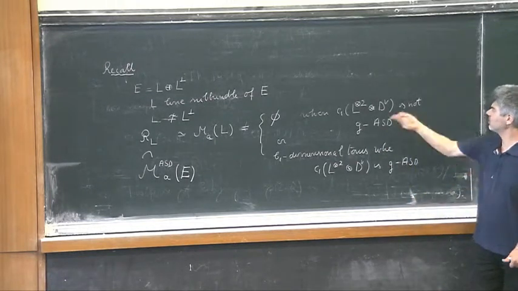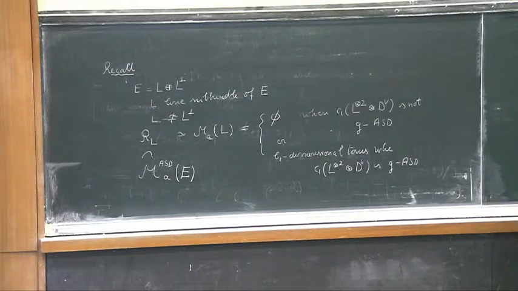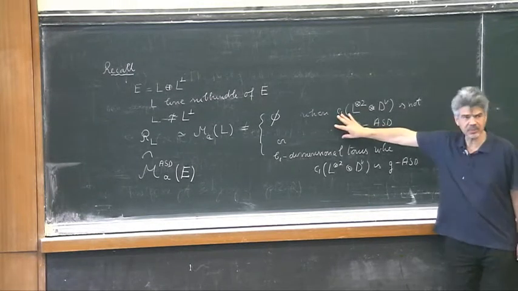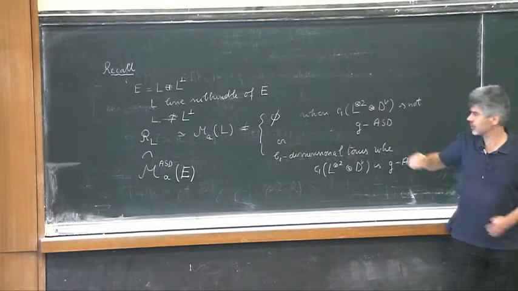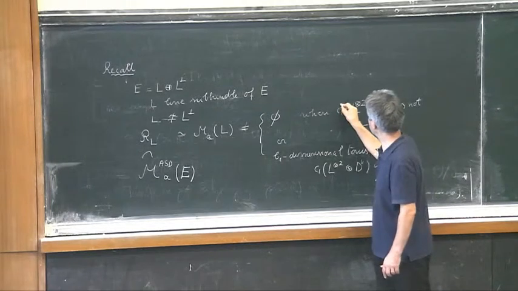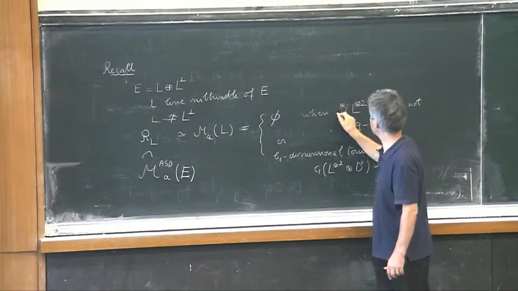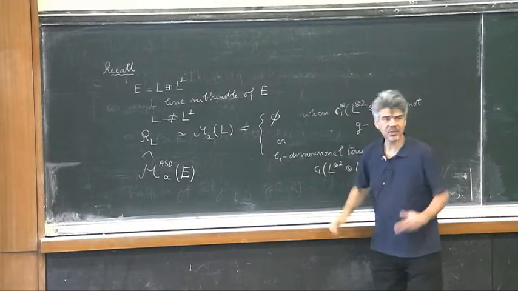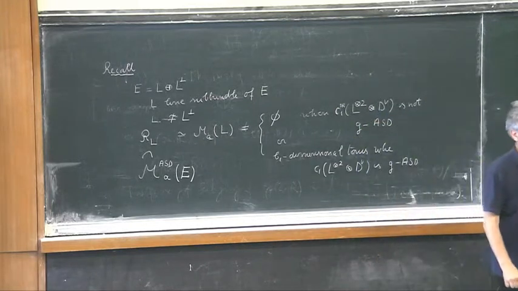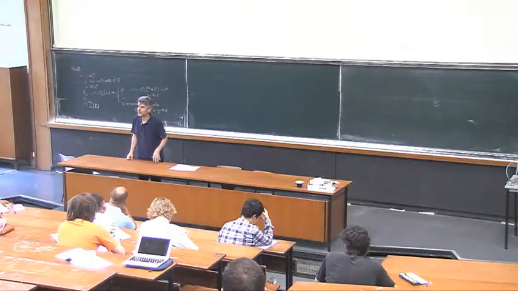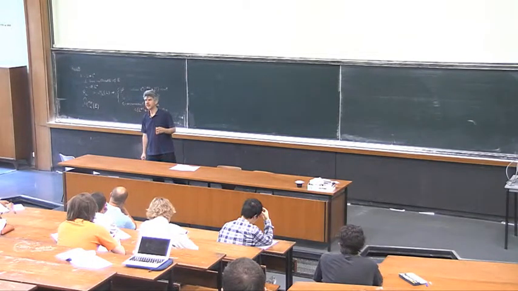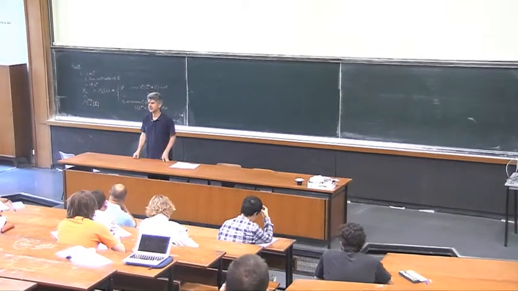This means that all the classes are anti-self-dual. Maybe I should recall what this precisely means. We have here a de Rham cohomology class, by which I mean the Chern class of this line bundle regarded as a de Rham cohomology class. And I say that this class is GASD if its harmonic representative has this property.